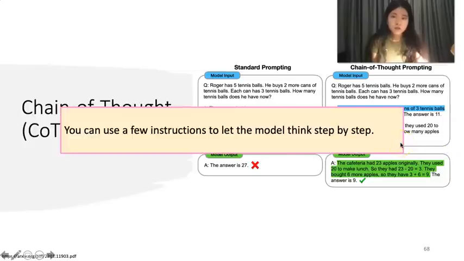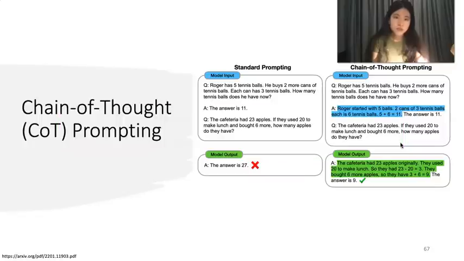For chain of thought, you can use a few instructions to let the model think step by step. Here I just give you some intuitions. For standard prompting, in this example, the model input would be your question: Roger has 5 tennis balls, he buys 2 more cans of tennis balls, and each can has 3 tennis balls.